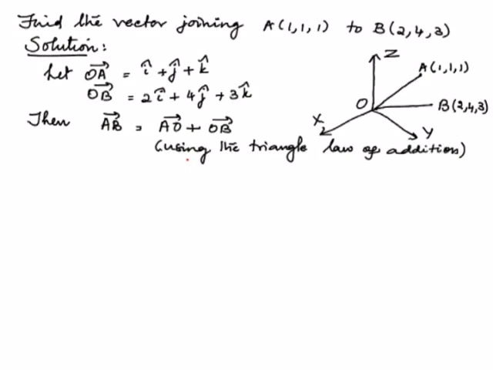So that is equal to, what is AO? AO is negative of OA. OB is as it is. So that is equal to 2i plus 4j plus 3k plus minus of OA.